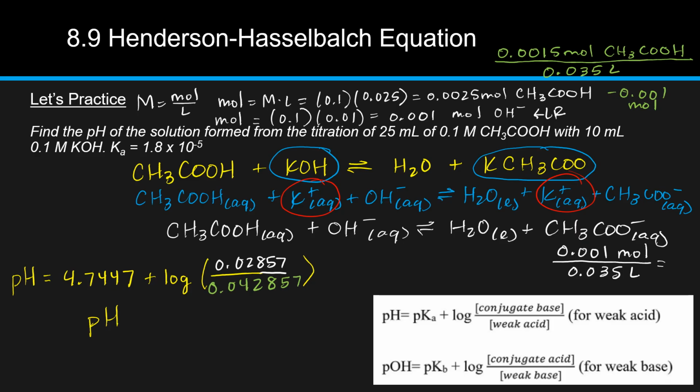But clearly, we have more acetic acid in this buffer solution. So we should be expecting a pH lower than 4.74. And by plugging that into our calculator, we get a pH of 4.57, which does follow our idea from 8.7.